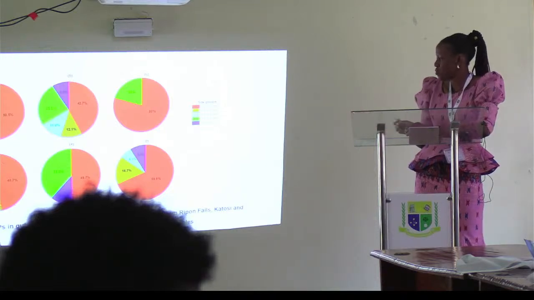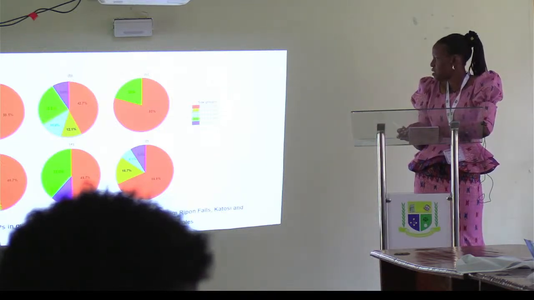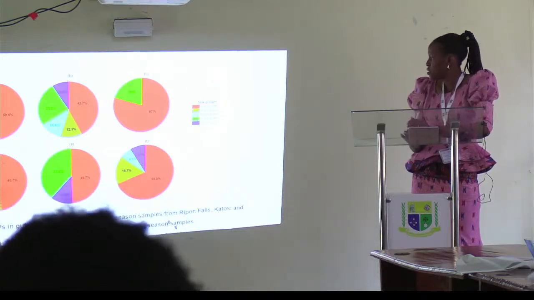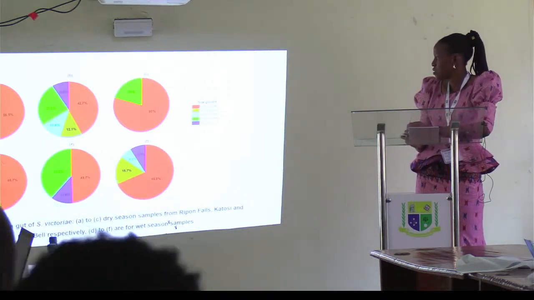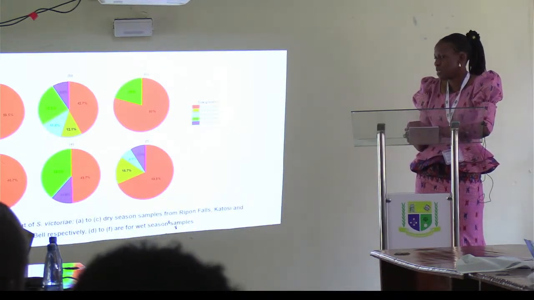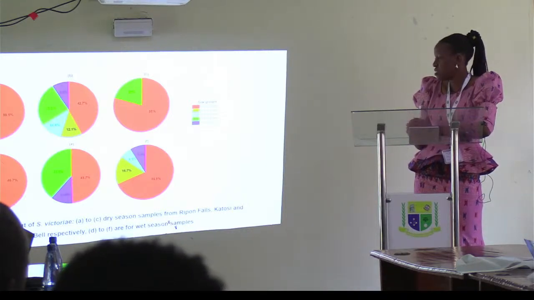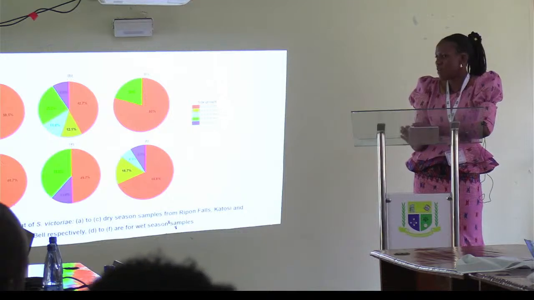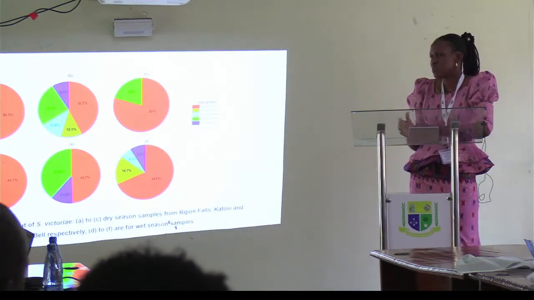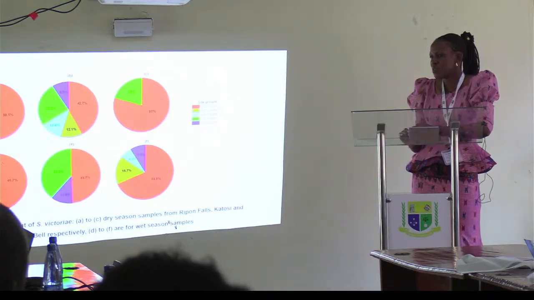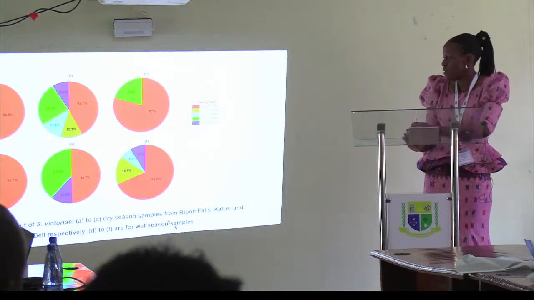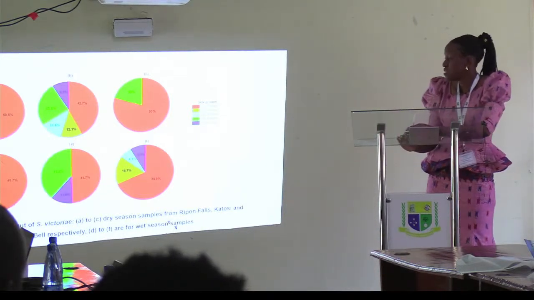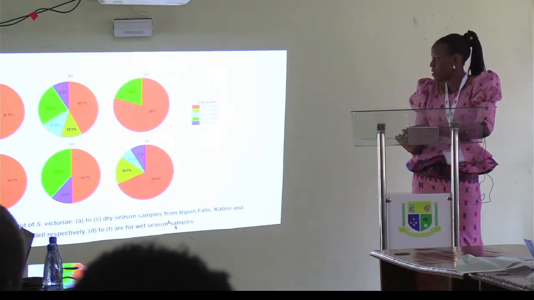When you group them according to sizes, you find that most of them were lying within the range of 0.3 to 0.9 millimeters, which is also still within the range in which we are saying that these microplastics vary between the wet season and the dry season, and how they vary across the gut within the different species of fish.